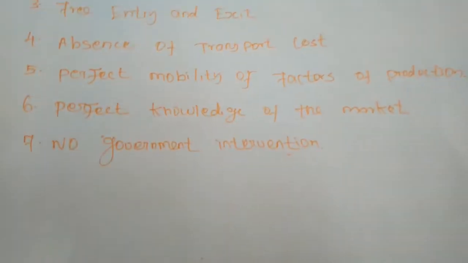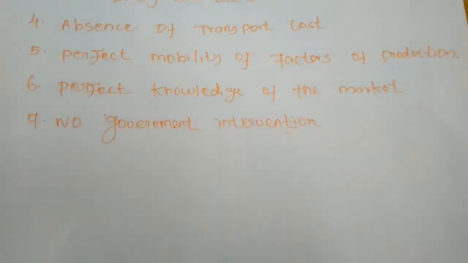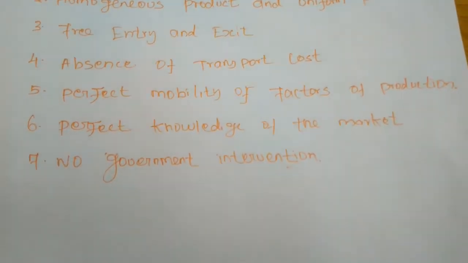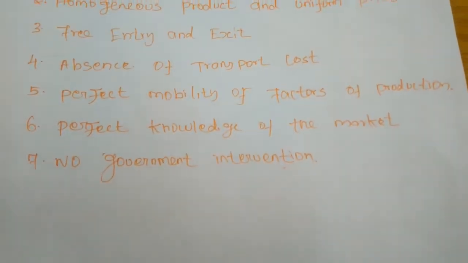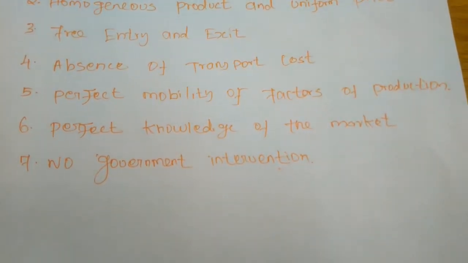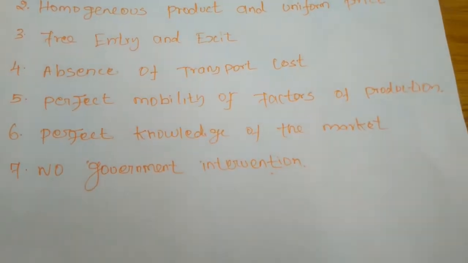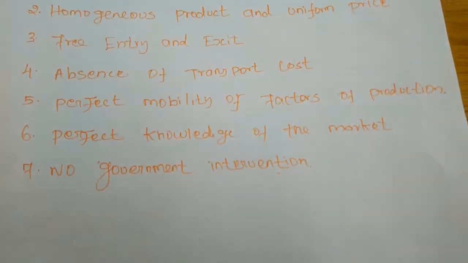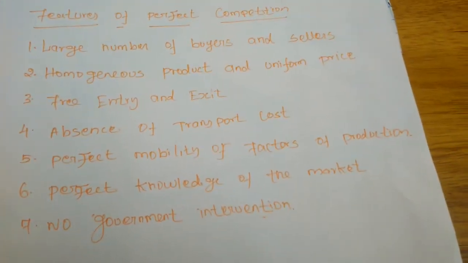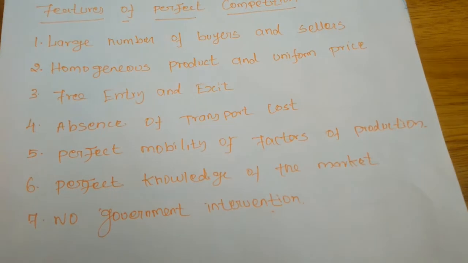Next, perfect knowledge of the market. So in the perfect competition market, both the buyers and the sellers will have thorough knowledge about the market conditions, the product, the price, the availability of the product, and everything. Because when they have perfect knowledge about the market and the product, both buyers and sellers can make the auction.